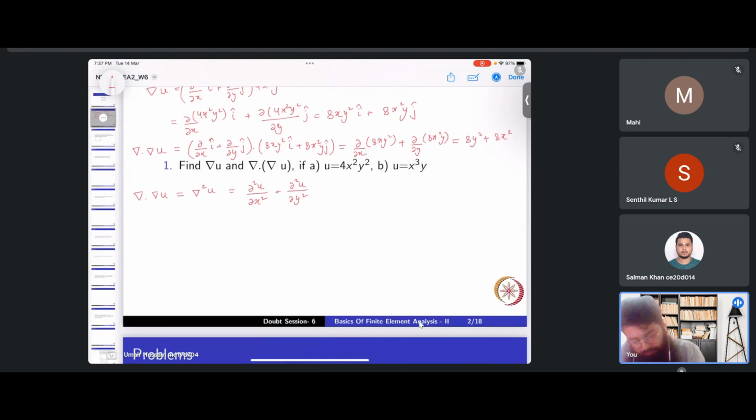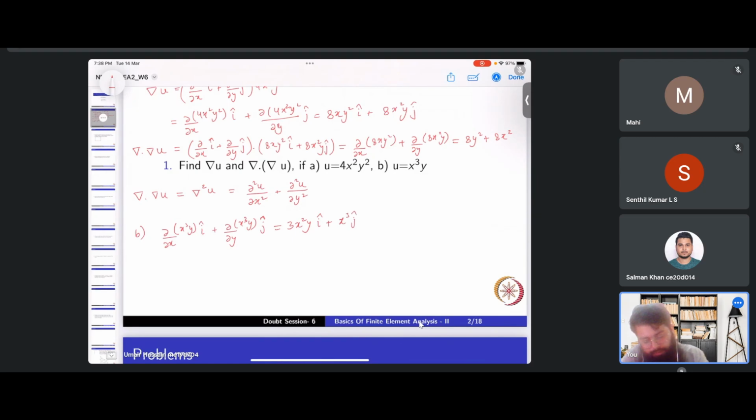Okay. So for the second part again, we have dou by dou x of x cube y i cap plus dou by dou y of x cube y j cap. Sorry, it's not dou by dou x, it's dou by dou y. Fine. So the derivative with respect to x is 3x square y i cap plus the derivative with respect to y is x cube.